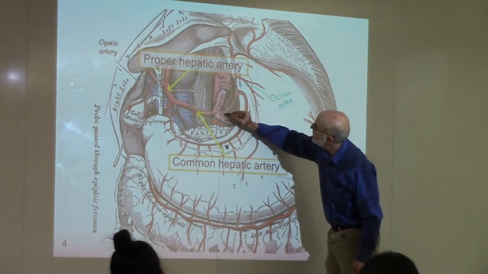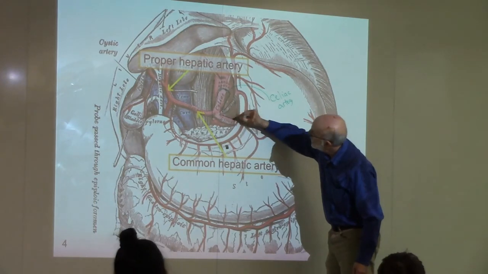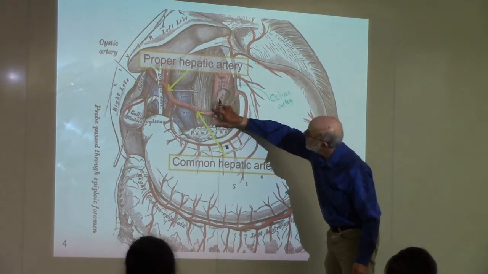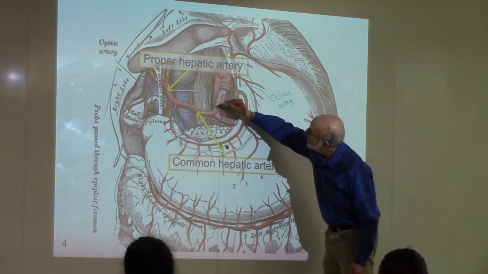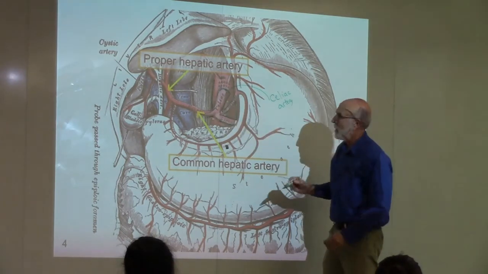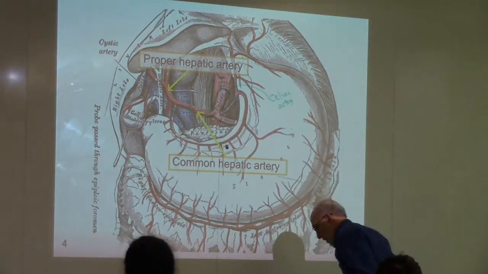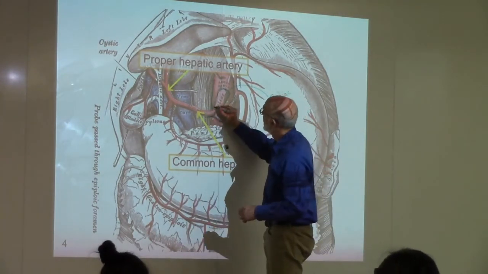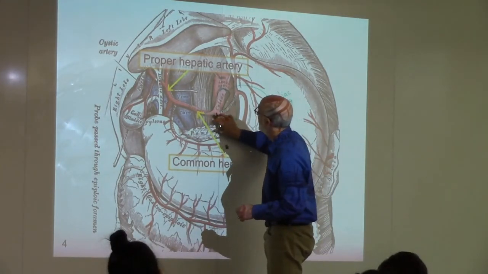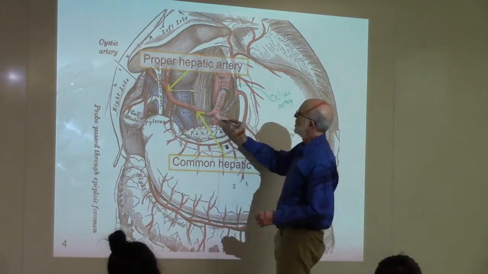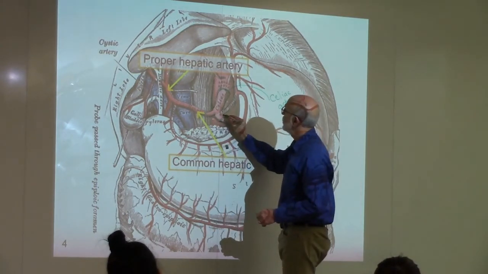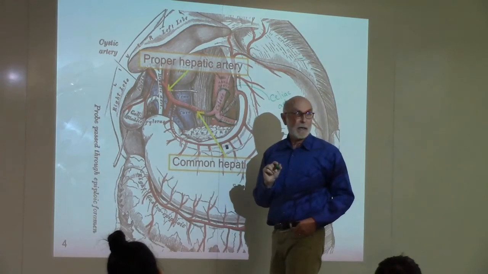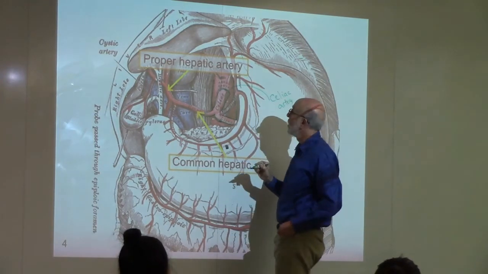So here's one, here's the second, and here's the third, okay? So there's the branching of the celiac artery.